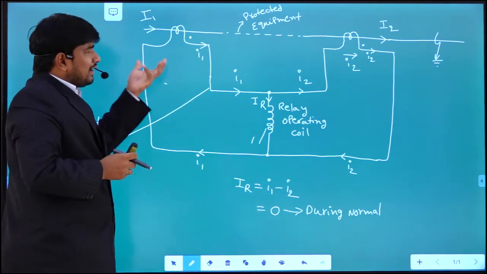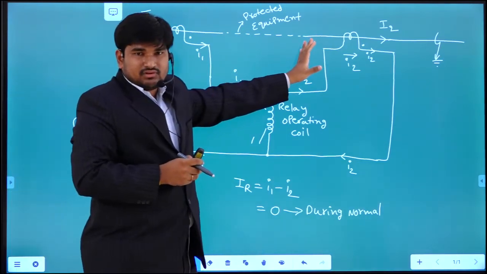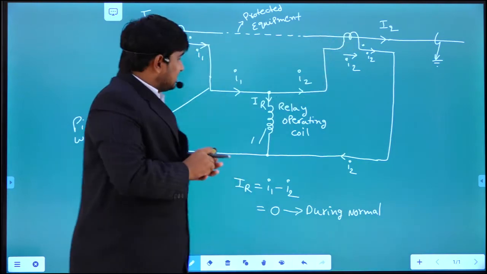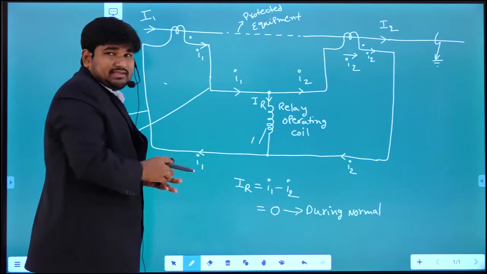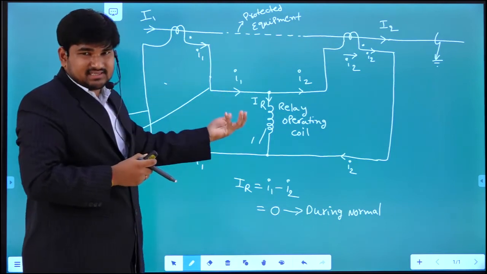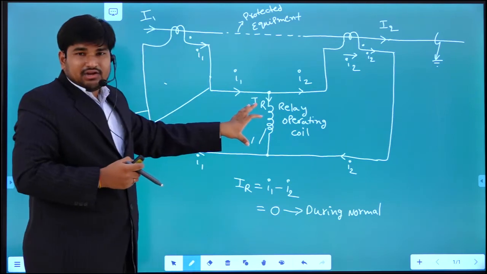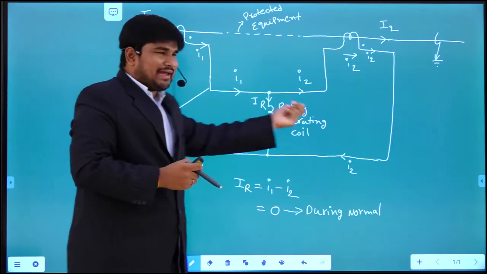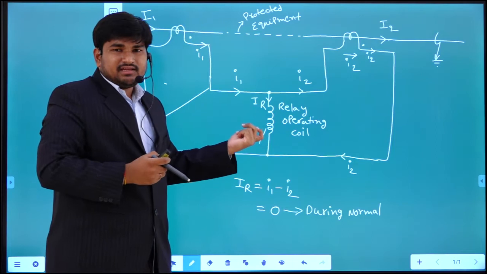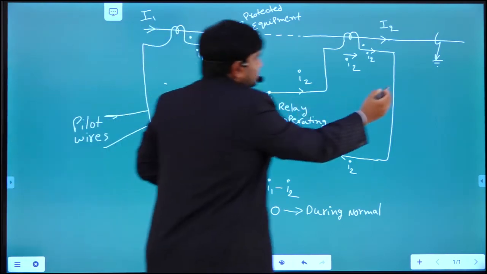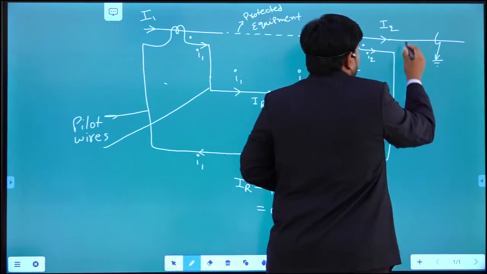I1 has increased and I2 has increased. Similarly, the CT secondary currents also increase on both sides. So now the difference between these two currents will be 0 again, because of this external fault.